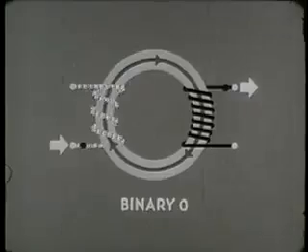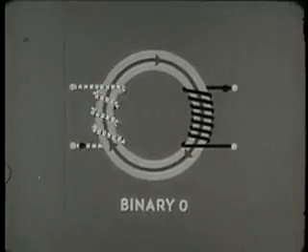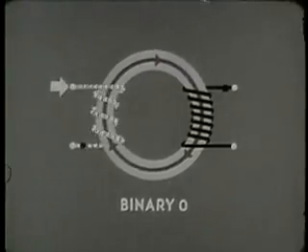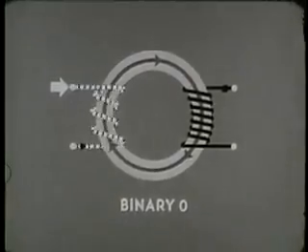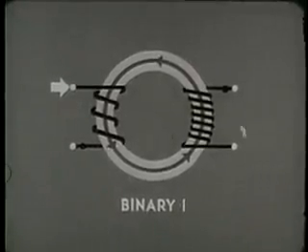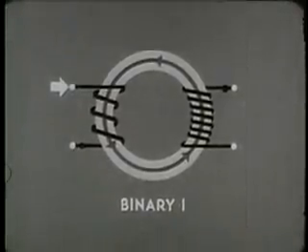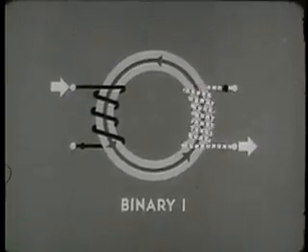There is no change in flux, and therefore no output current. However, if we send current in the opposite way, into the non-dot side of the input winding, the direction of flux in the core is reversed, switching it to binary 1, and produces a current that flows out of the non-dot side of the output winding. To repeat, a non-dot current input results in a non-dot current output.